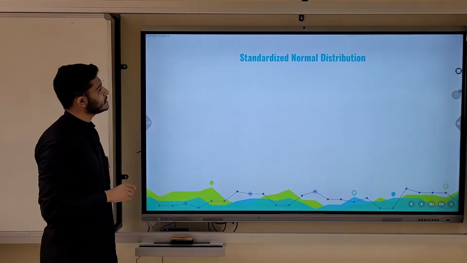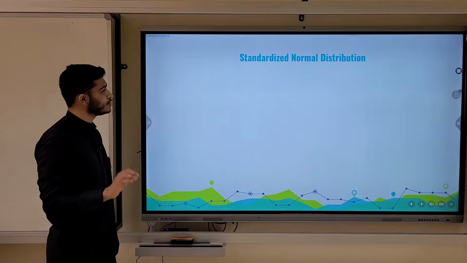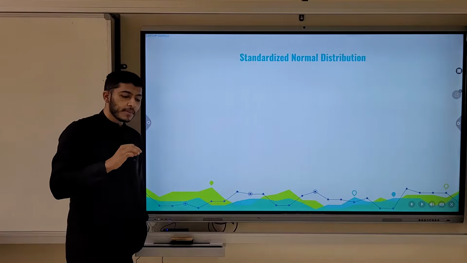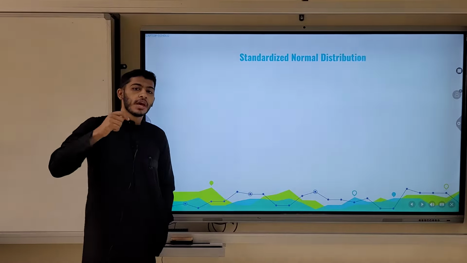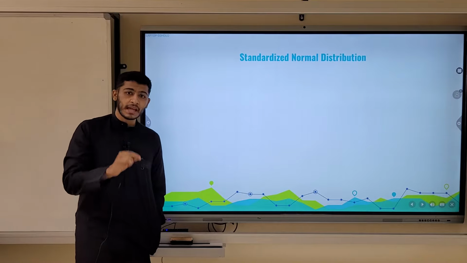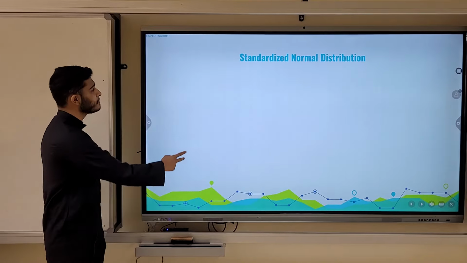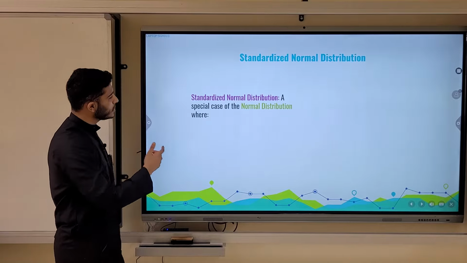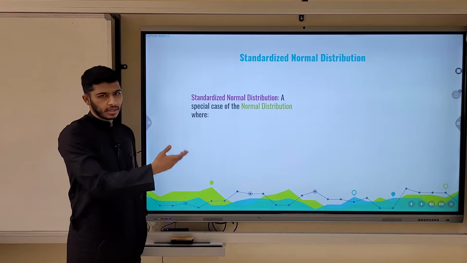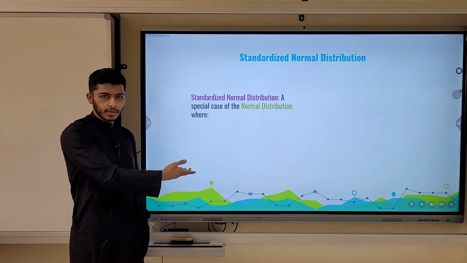So let's talk first about the standardized normal, or as I have earlier mentioned, the first step you will ever do whenever you see a question that follows a normal distribution. This is the first step you always do. You standardize. What is standardization? Well, a standardized normal distribution is a special case of the normal distribution. Naturally, it is a normal distribution, but it's a special case.